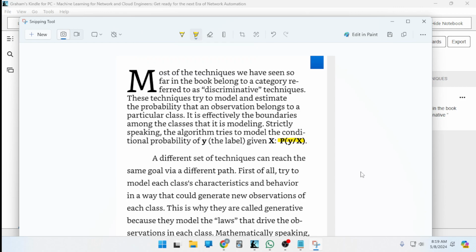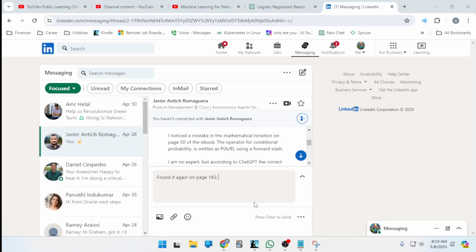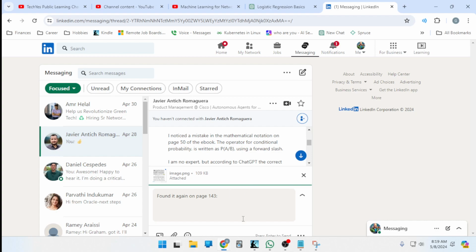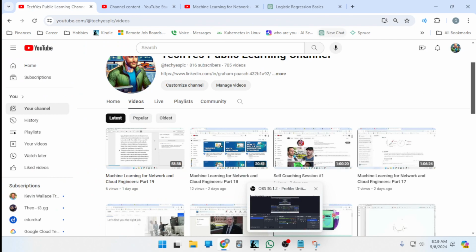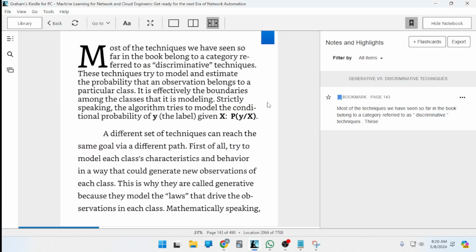Highlighted in red. There we go. All right, that'll help him out. I've only seen it twice, so I think that'll help him out a lot.